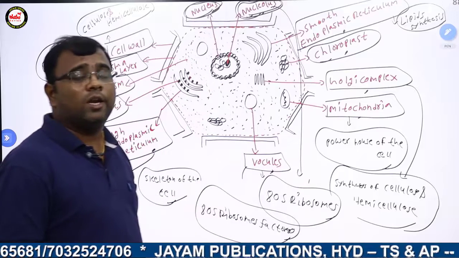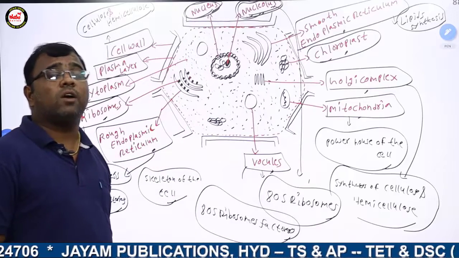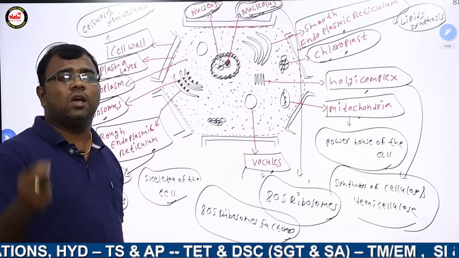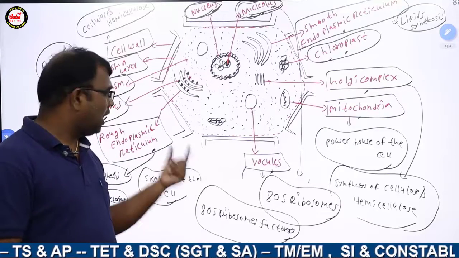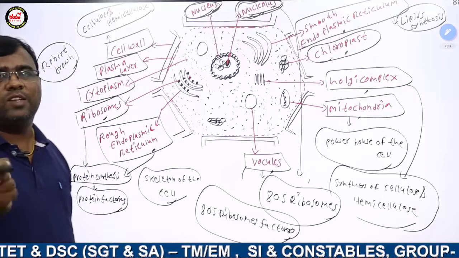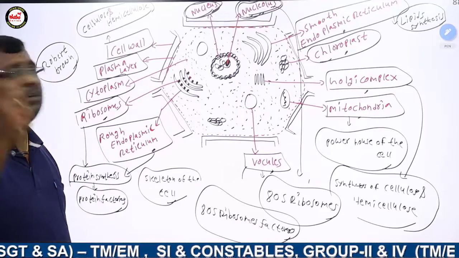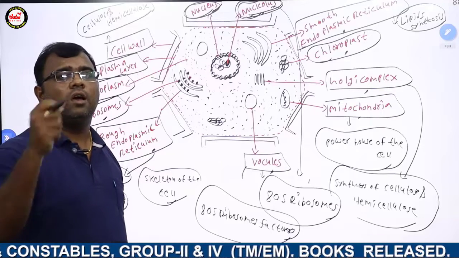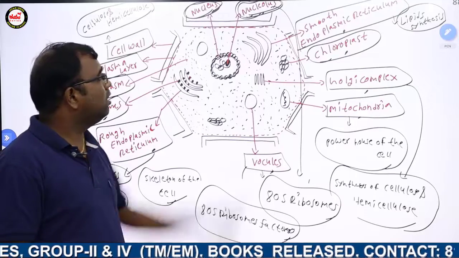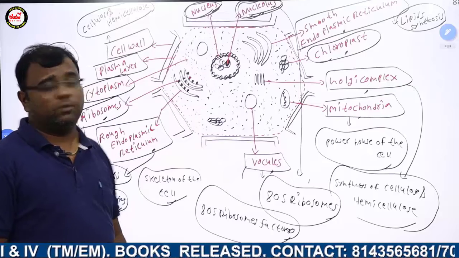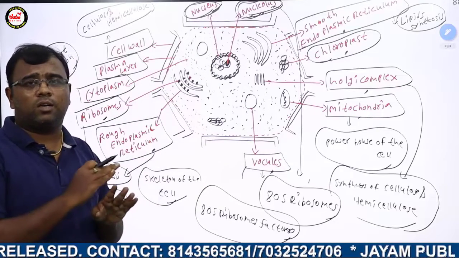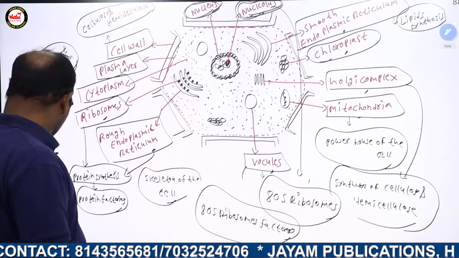Vacuoles. Which is the powerhouse of the cell? Mitochondria. Which is the skeleton of the cell? Endoplasmic reticulum. Which is the brain center of the cell? Nucleus. Which is the 80S ribosomes factory? Nucleolus.